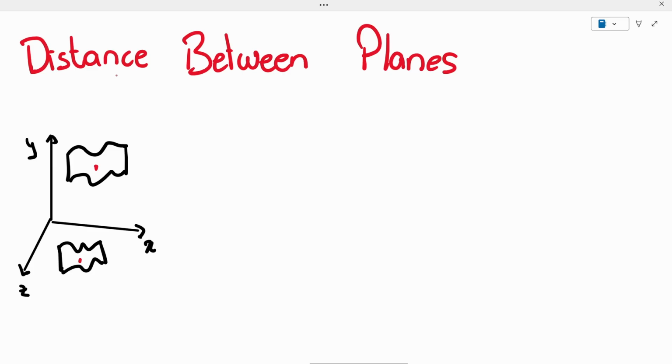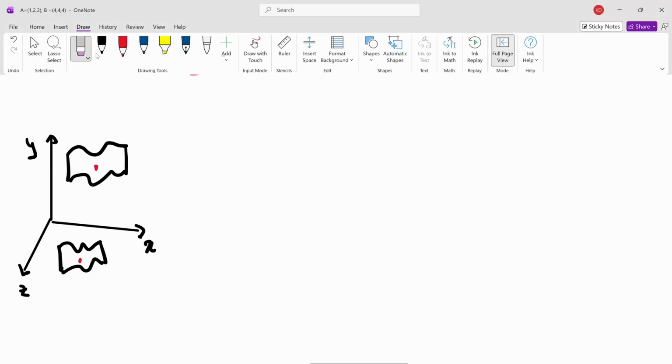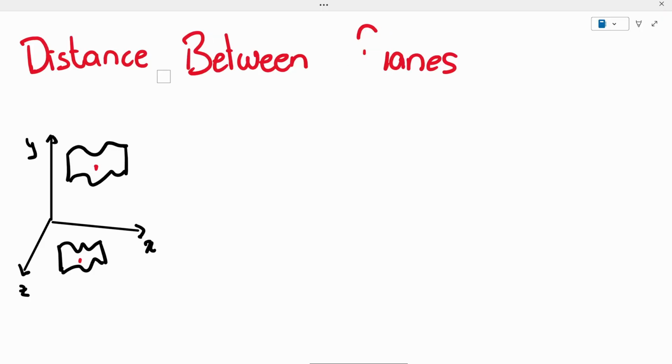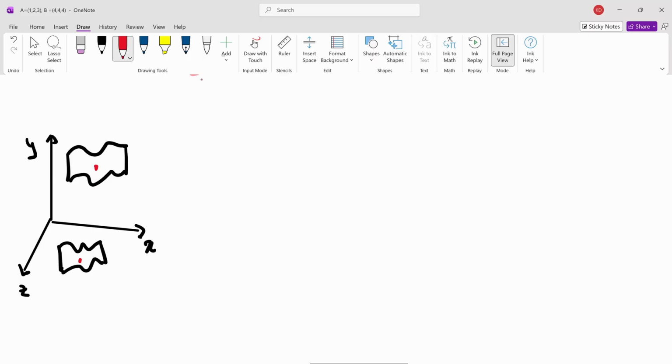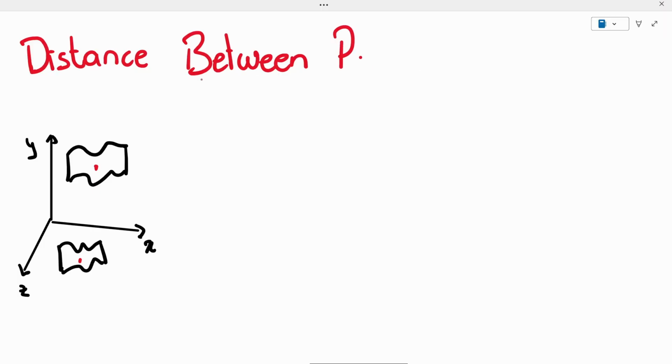They'll be touching. So this only works for parallel planes, right? So maybe I should say distance between parallel planes. That way there's no intersection.